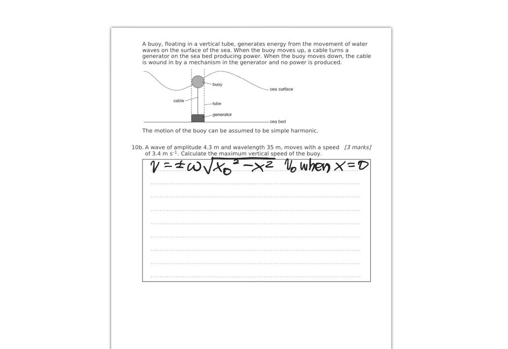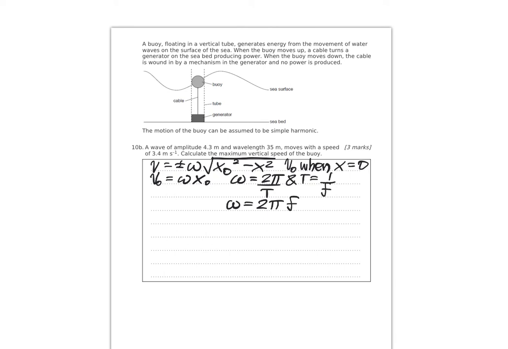And so if we set x equal to 0, we get that the maximum speed, v naught, is omega x naught. Why do they use naught to denote maximum? I do not know, but that's what we're going with. And we do know the amplitude, it's 4.3 meters, but what we're going to need is omega.